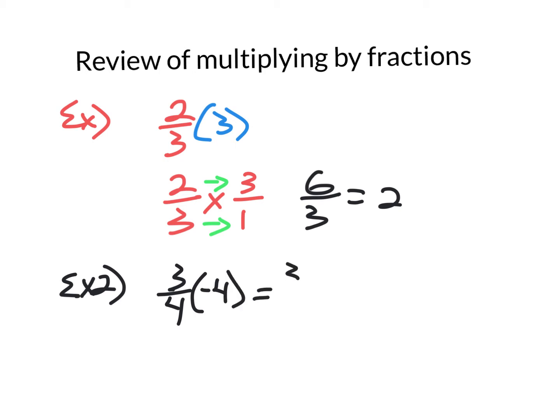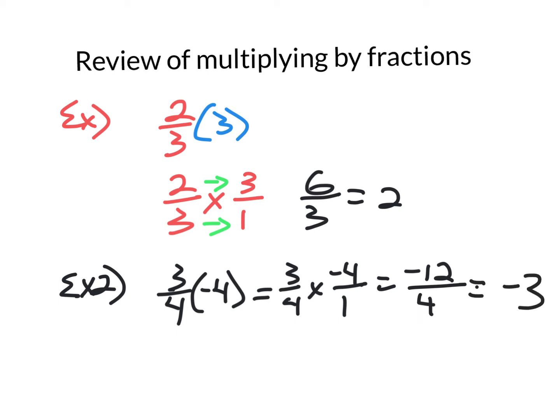Again, we can write that as two fractions, so 3/4 times -4 over 1. And we multiply our numerator straight across and our denominator. So we're going to end up with 3 times -4 is -12. And 4 times 1 is 4. And -12 divided by 4 equals -3. So again, just a quick review of multiplying fractions.